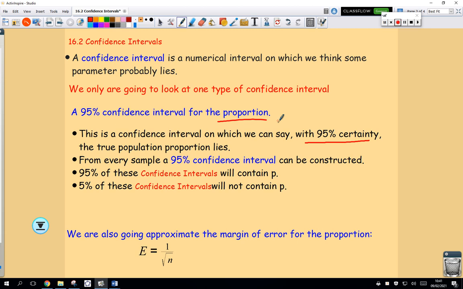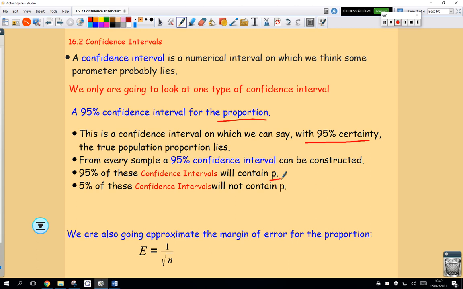Remember, from every sample a 95% confidence interval can be constructed. 95% of these confidence intervals will contain the true population proportion, and the rest, 5%, will not.